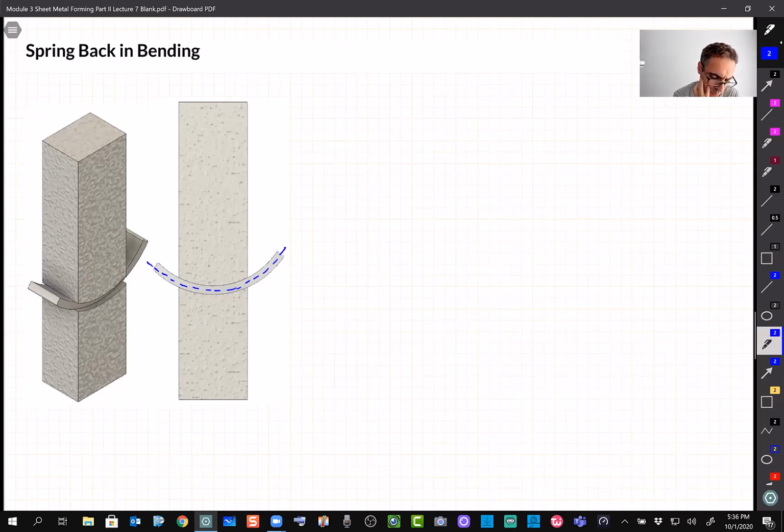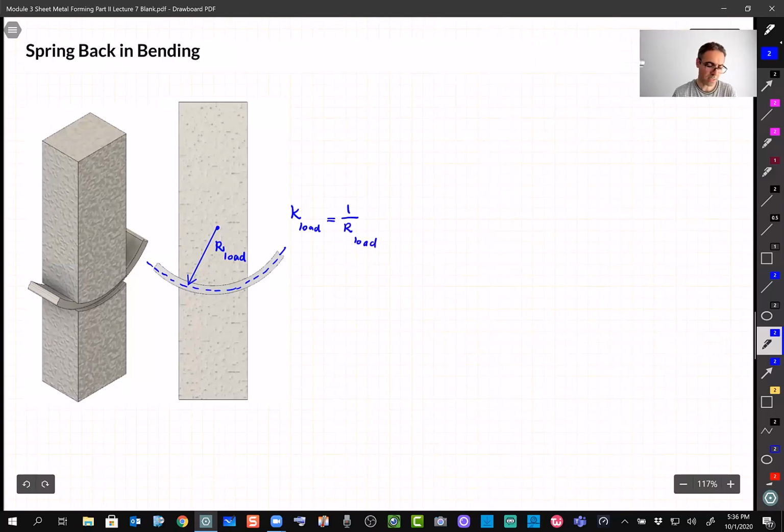So the radius of this one, let's say this is R load. This is the radius of what we wanted. We apply load because we wanted to get to this radius, and K load, the curvature, is 1 over R load. So we know this number, this is what we wanted.